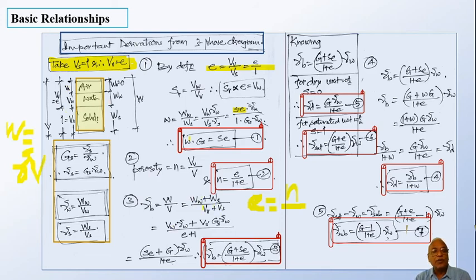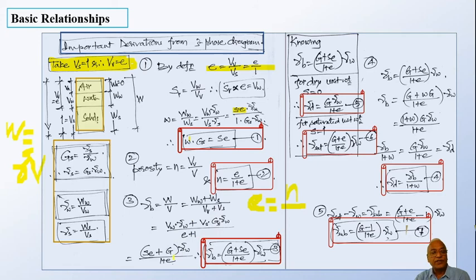Now, Ww, weight of water, already we have seen in the upper proof that it is volume of water into gamma W. Ws is Vs into G gamma W. And volume of voids plus volume of solids, we know that it is e plus 1.